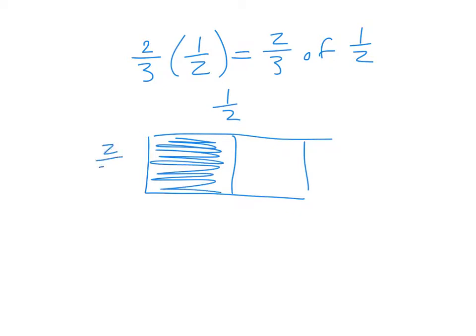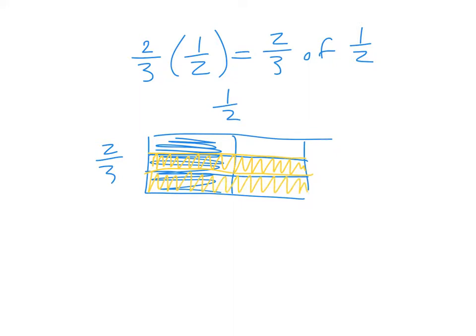Now, of the half, we're going to take 2/3 of it. Let me do this in another color because it's going to allow it to stand out better. So we're going to take 2/3 of it. So there's 2/3 of 1/2.